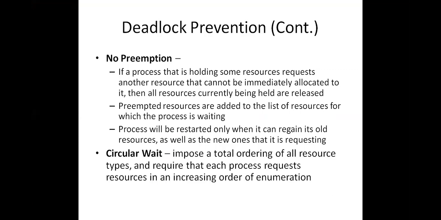That means whenever a process holding some resources requests another resource that cannot be immediately allocated to it, because it is already using some resources, the process needs to release the resources first.